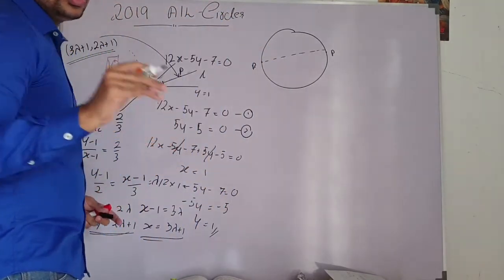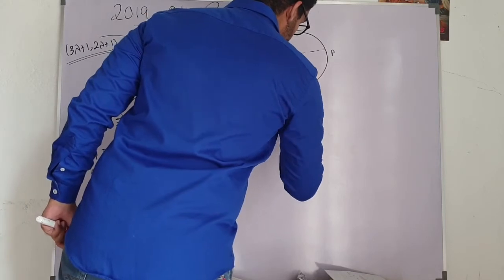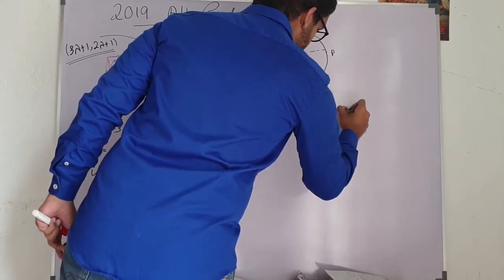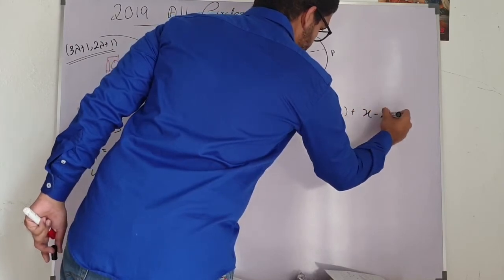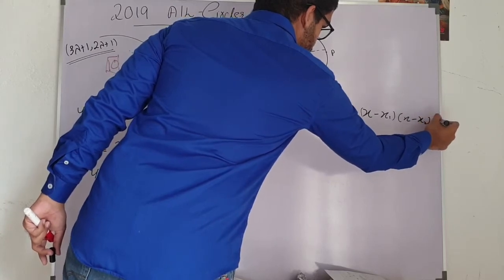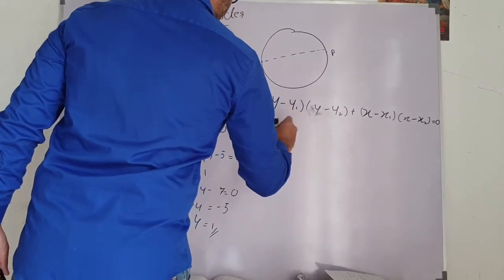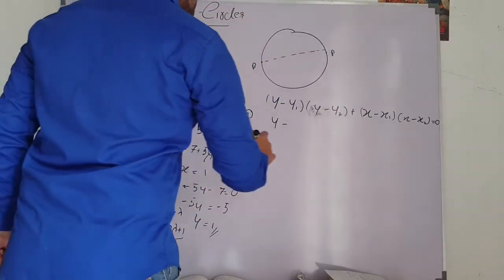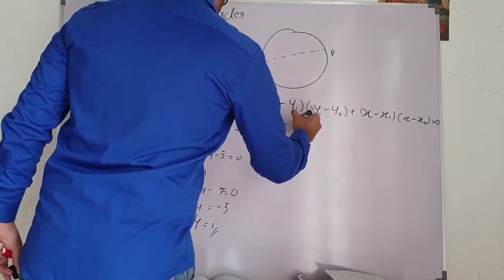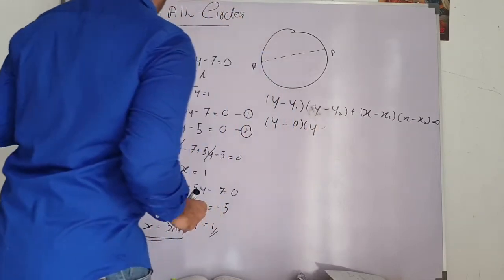So therefore, now you use another equation: (y - y1)(y - y2) + (x - x1)(x - x2) = 0. So now y minus... B is (6, 0), therefore this is going to be 0, and y minus this coordinate you should take.